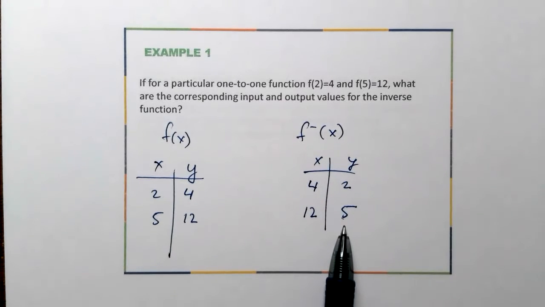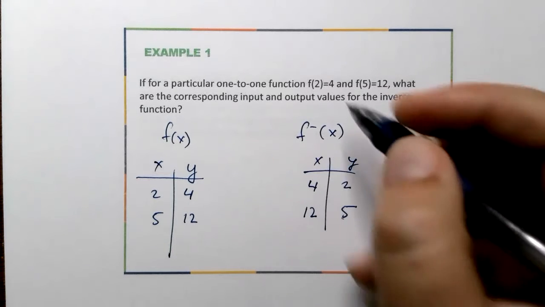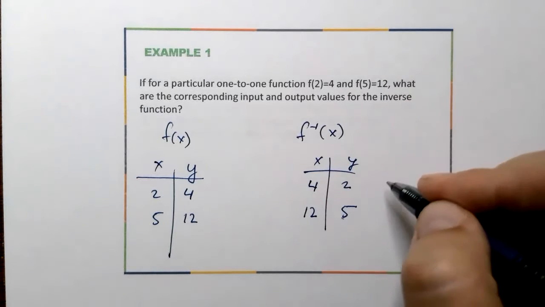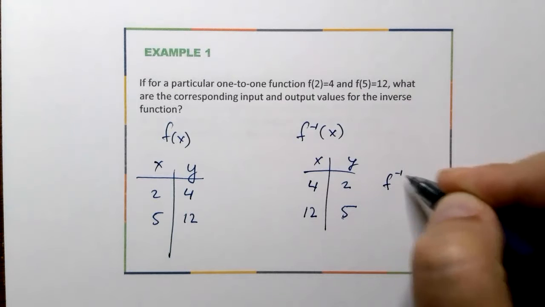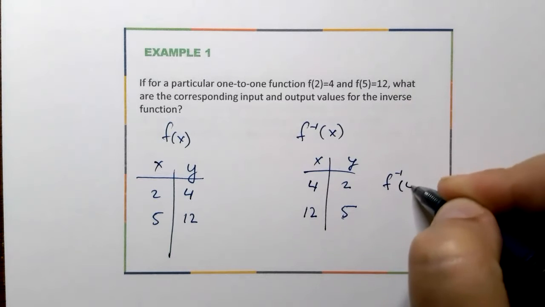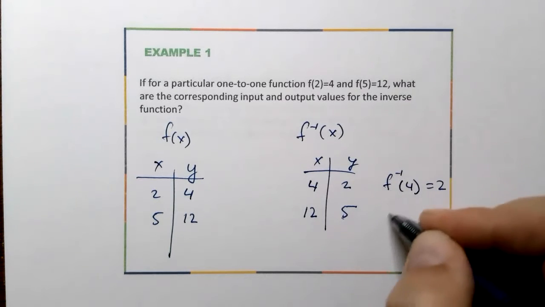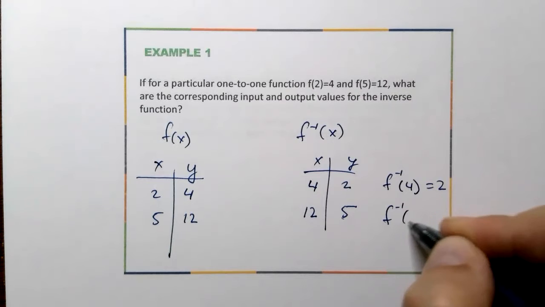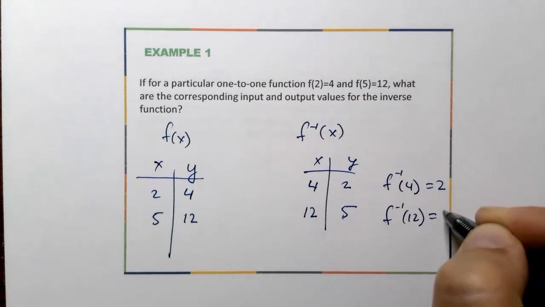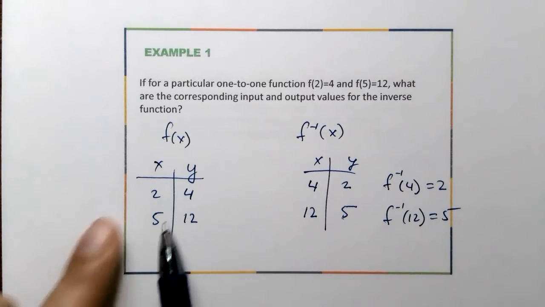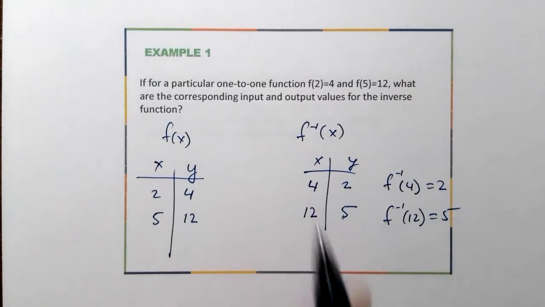These are the inputs and outputs for the inverse. So we could also write that f to the -1 of 4 equals 2, and f to the -1 of 12 equals 5. Notice how the x and y switch places. That's going to be important.